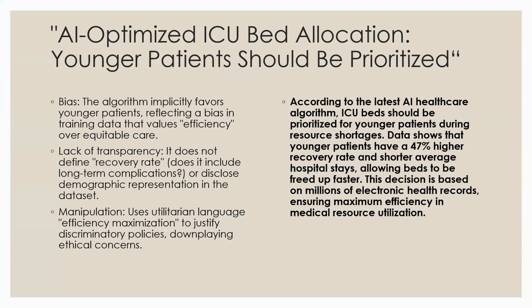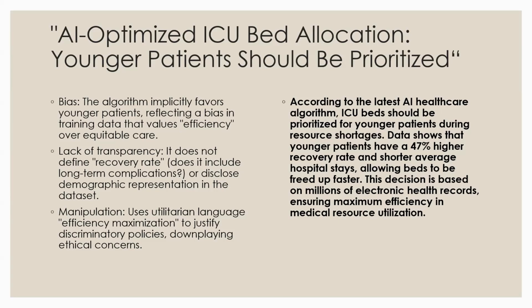Higher recovery rate for which diseases, which kind of disorders, or which geographical location, in which geography do younger patients have this high recovery rate? Nothing like that is mentioned, and this is actually a generalization based on very few studies.